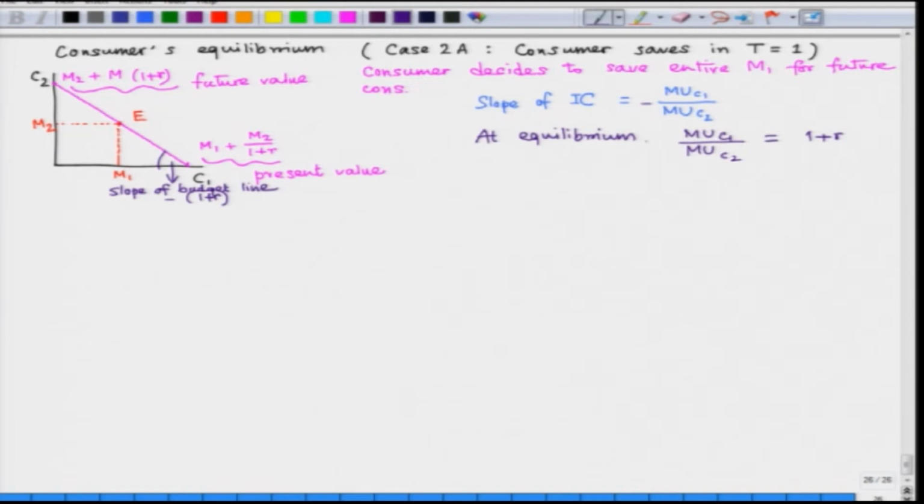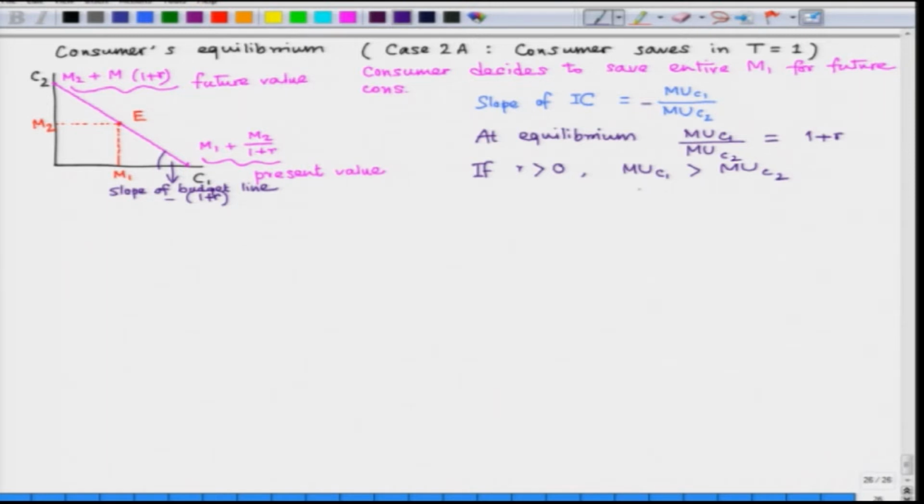Now, that means that if r is positive, which is a pretty realistic assumption, then we have MU C1 greater than MU C2.